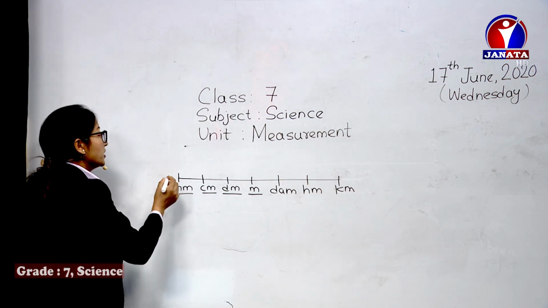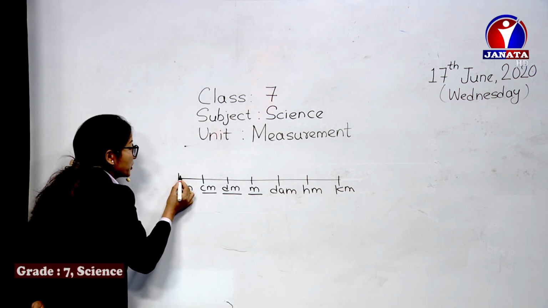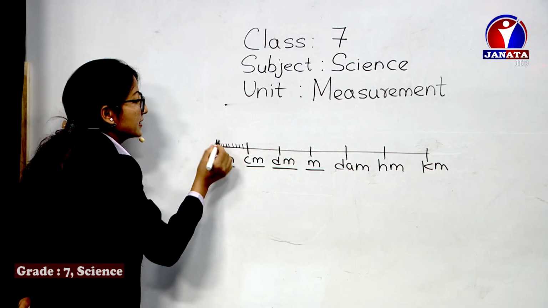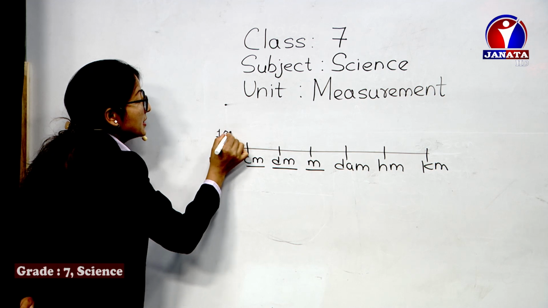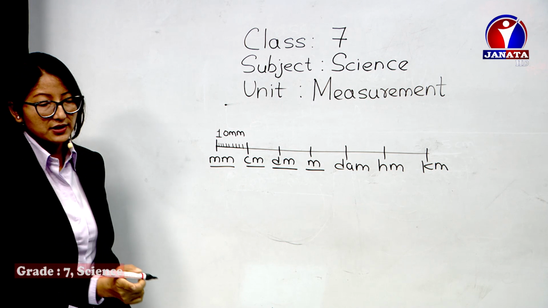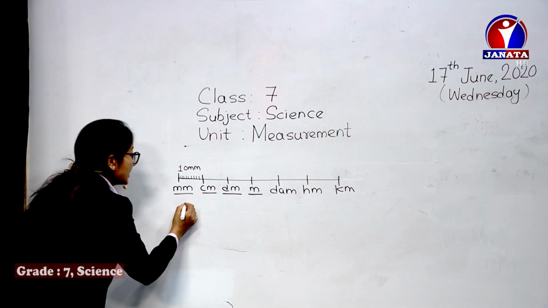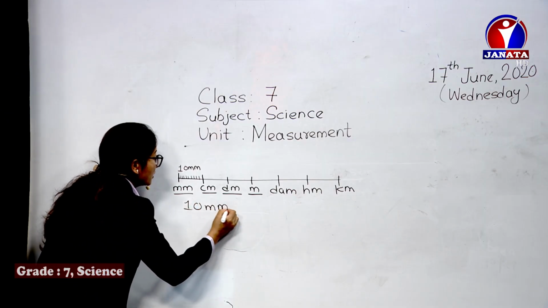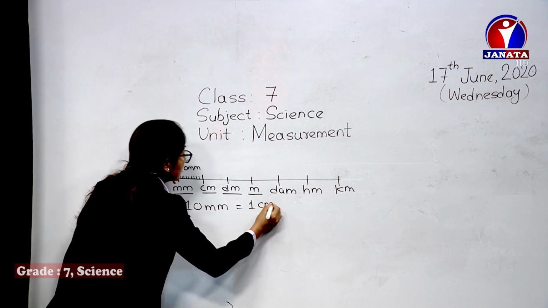We denote millimeter as mm. If you have 10 lines here, for example, 1, 2, 3, 4, 5, 6, 7, 8, 9, 10 exactly, then 10 millimeter is equal to 1 centimeter. You can look at the slide also.